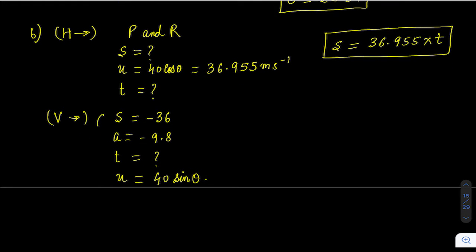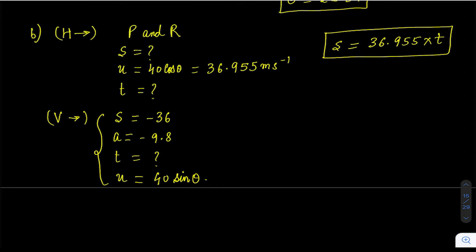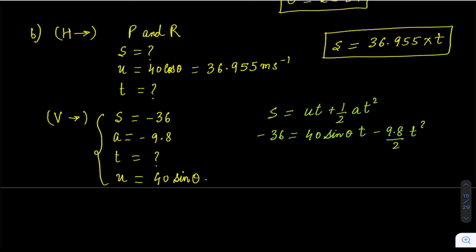What's the equation that connects S, U, A and T? The equation is S equal to ut plus half at square. So minus 36 equals 40 sine theta, we already know the theta value, times t, minus 9.8 divided by 2 t square.